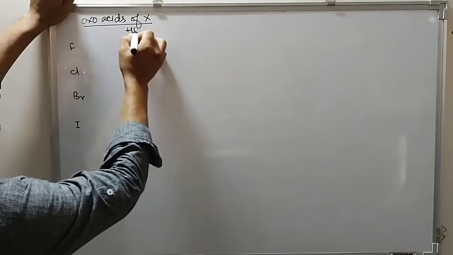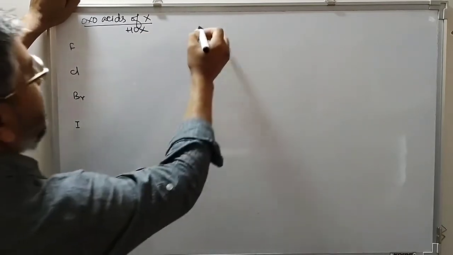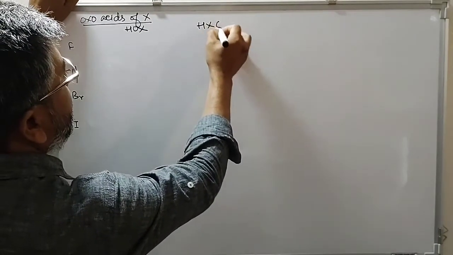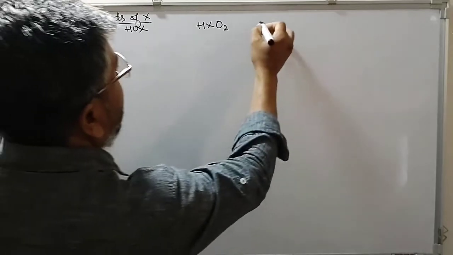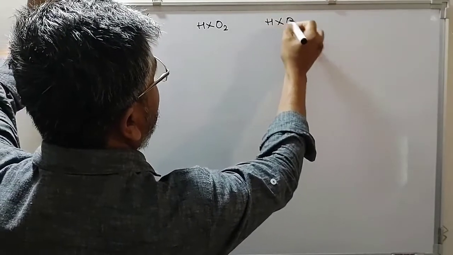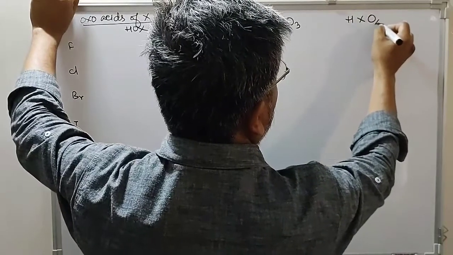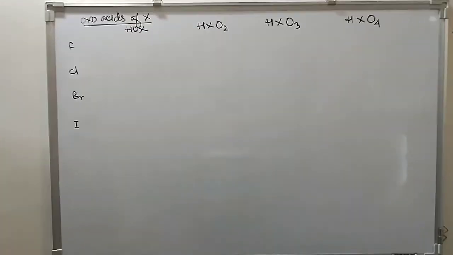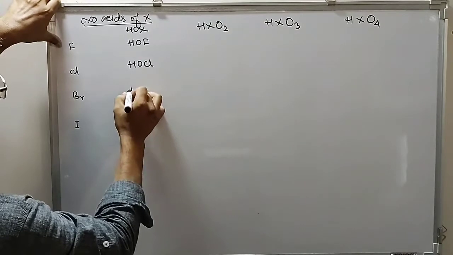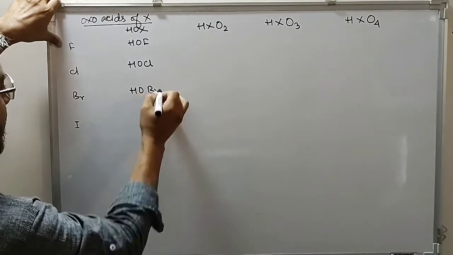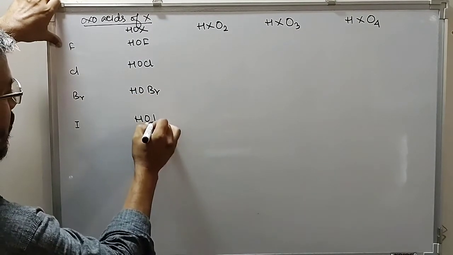First one is HOX, HXO2, HXO3, HXO4. HOX is formed by all these halogens: HOF, HOCl, HOBr, HOI.